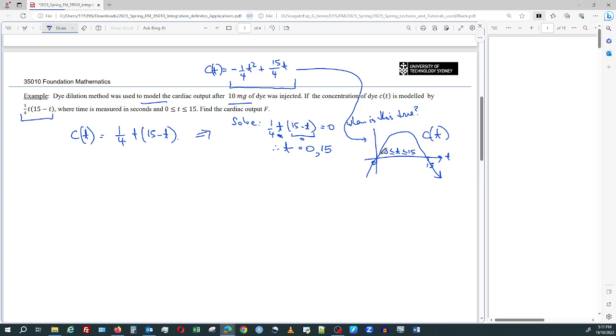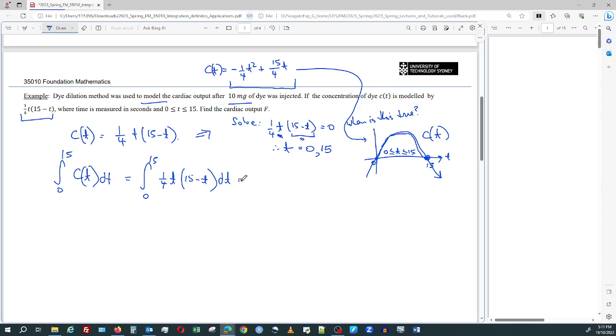The particular part that we want is the included part here. So we're going to integrate from 0 to 15 C(t) dt, which will be equal to the integral from 0 to 15 of 1/4 t(15 - t) dt.